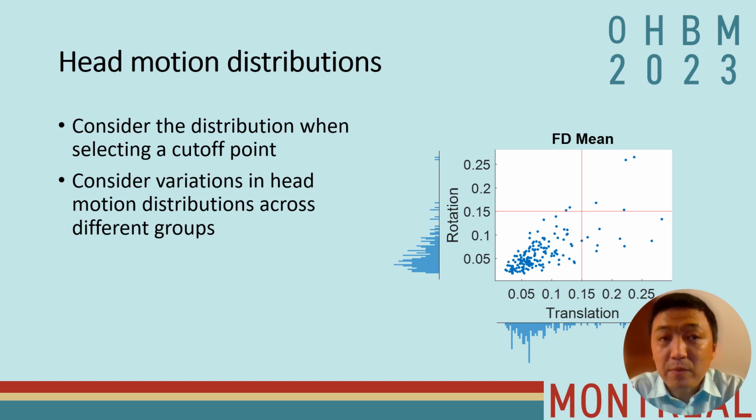And even though we can use a certain threshold, we may still introduce some bias that may end up removing more subjects in one group but not the other group. So all of those need to be considered, and maybe in the group level analysis, we have to also include those parameters as a covariate to further control for those kinds of artifacts.